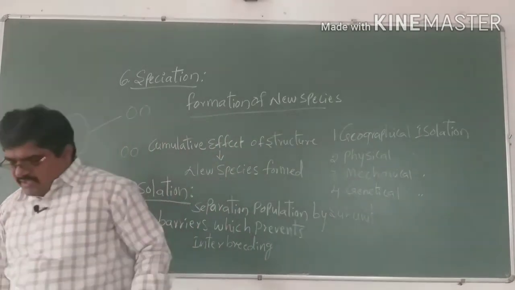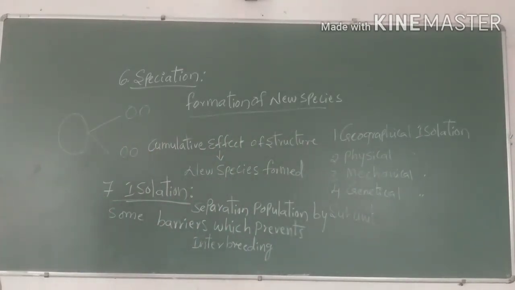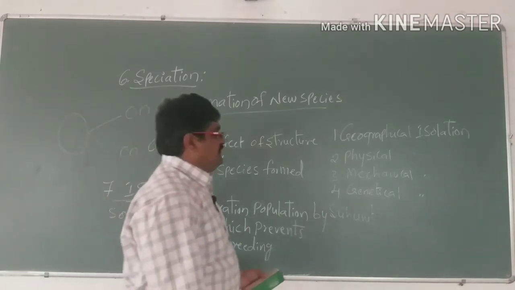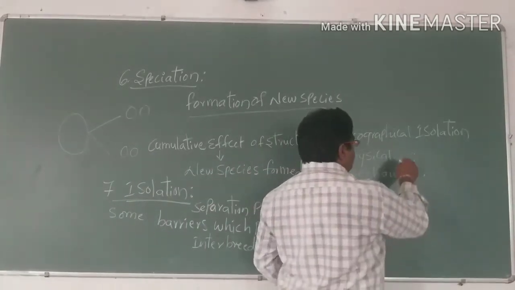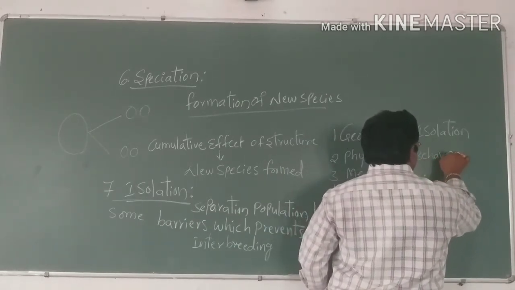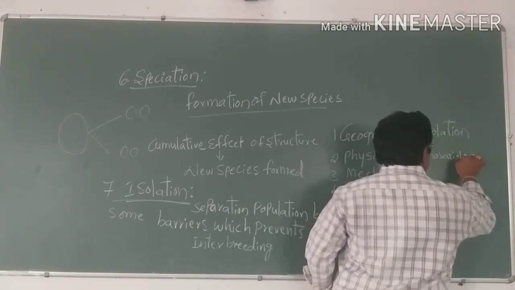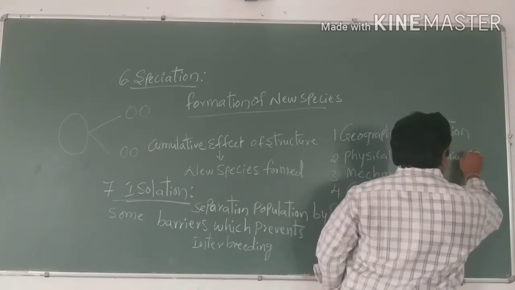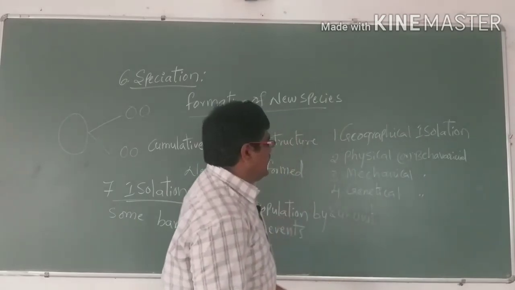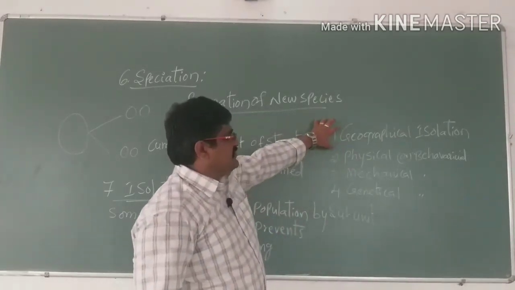So these are the 4 types of isolation. The physical, or otherwise we can call it behavioral isolation. So here, geographical isolation.